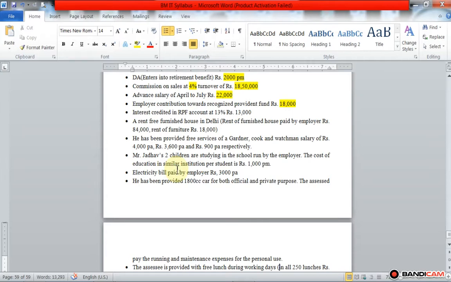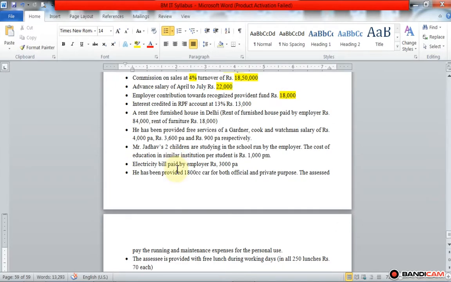Then Mr. Jadhav has two children studying in the school run by the employer, it means it is a perquisite of education facility. So remember the perquisite of education facility: 1,000 rupees is exempted if the assessee's child is studying in the school of the employer, and there is no restriction on the number of children.